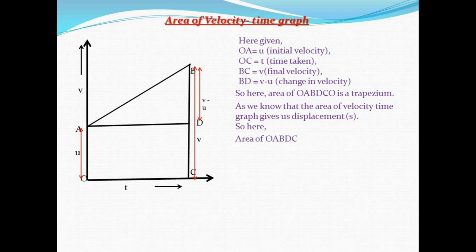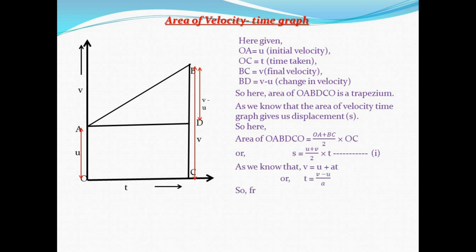As we know that the area of velocity time graph gives us displacement as S, so here area of OABDCO can be written as OA plus BC divided by 2 multiplied by OC, which can be written as S equals to U plus V divided by 2 multiplied by T, which is equation 1.